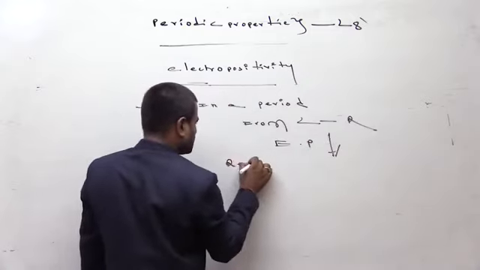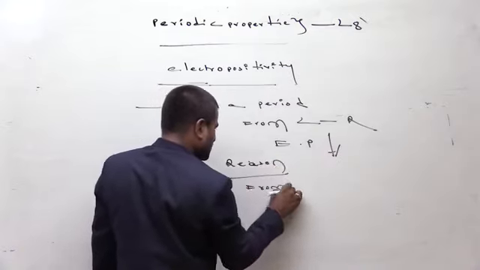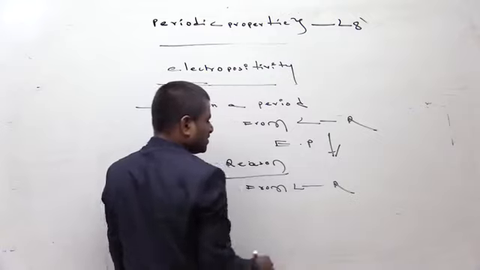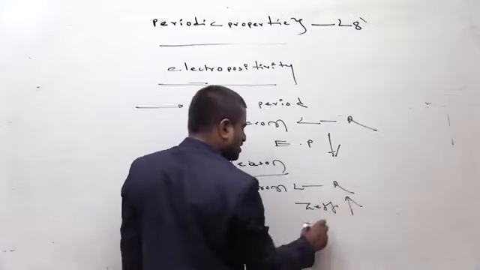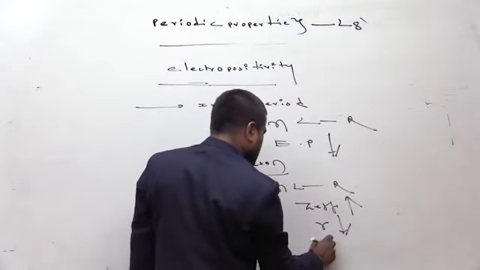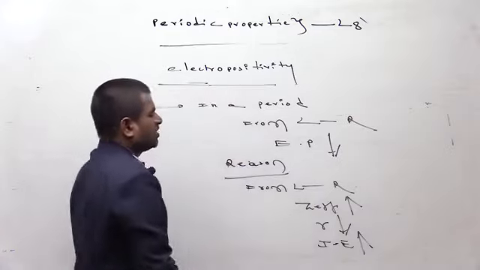Reason: from left to right, Z effective, the nuclear effect on the outermost electron, increases, atomic size decreases, ionization energy increases, and electron affinity also increases.